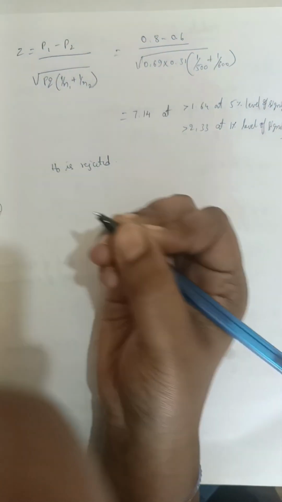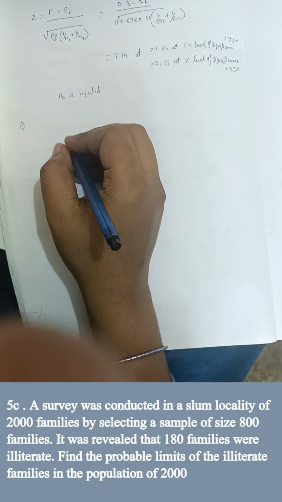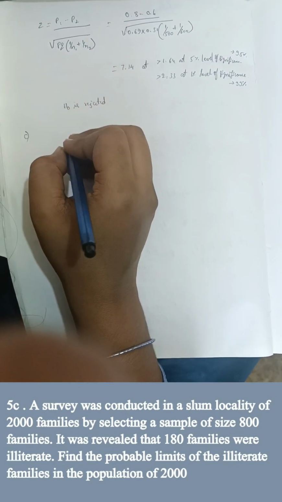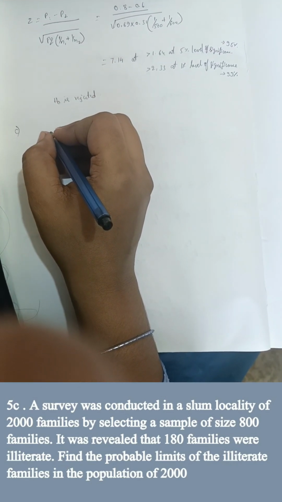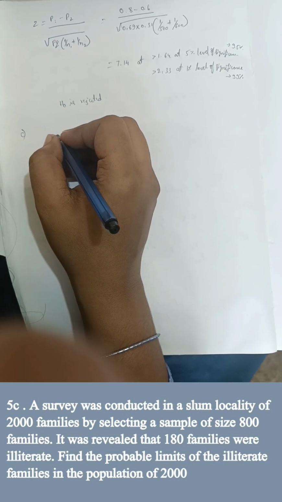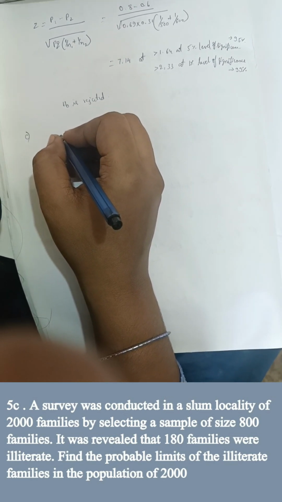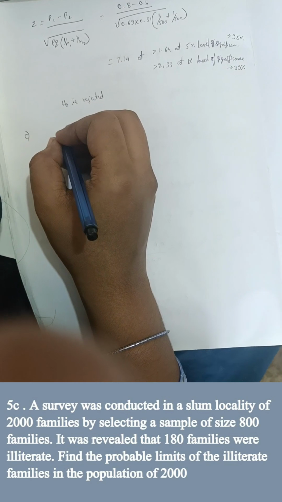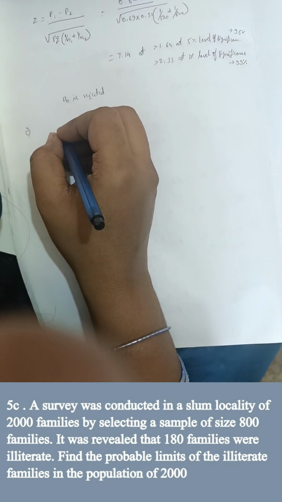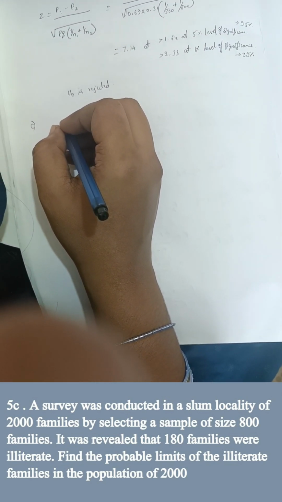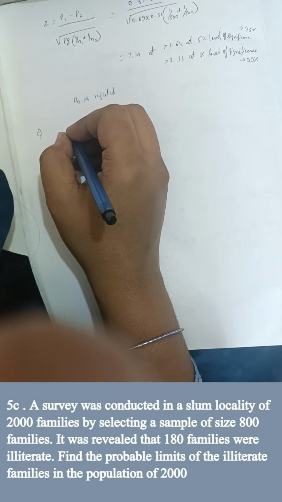Next, 5c. A survey was conducted in a slum locality of 2000 families by selecting a sample of 800 families. It was revealed that 180 families were illiterate.